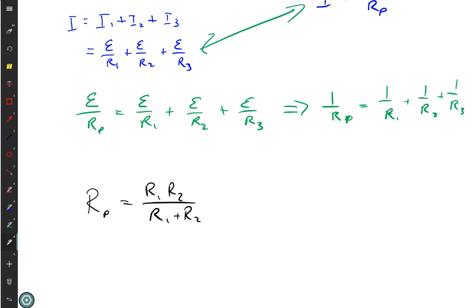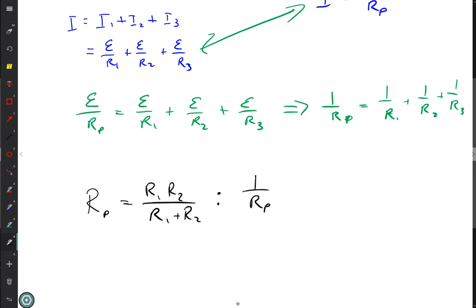Why? Because if you have 2 resistors, the full equation, 1 over R parallel, is equal to 1 over R1 plus 1 over R2. So you invert everything, and you're going to have 1 over RP equal to 1 over R1 plus 1 over R2.